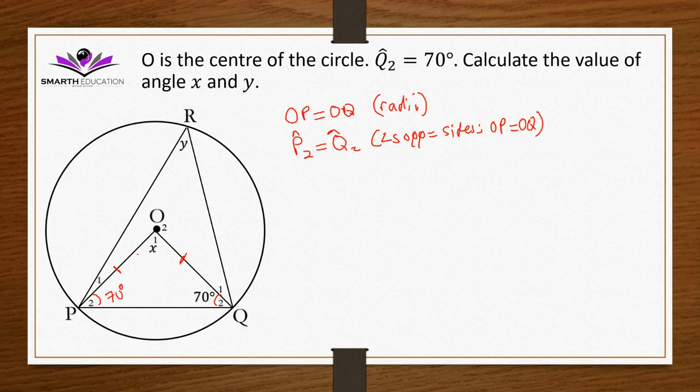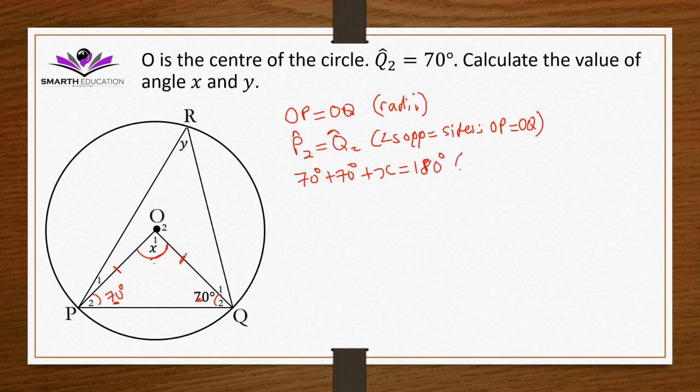Then we can find our x here, which is this part. So 70 degrees plus x must give us 180 degrees. So P2 plus Q2 plus O1, which is x, is equal to 180 degrees.